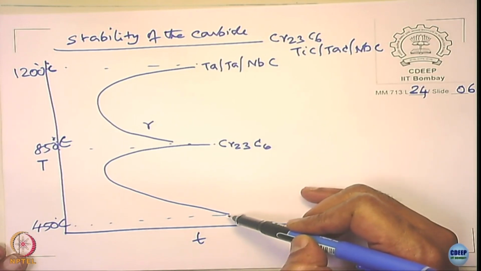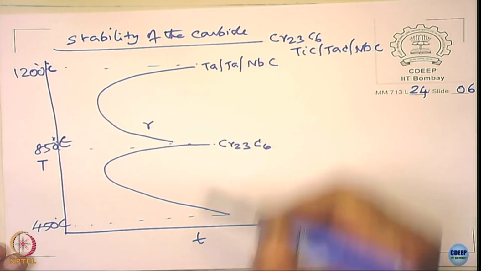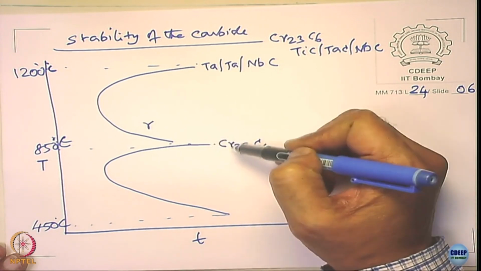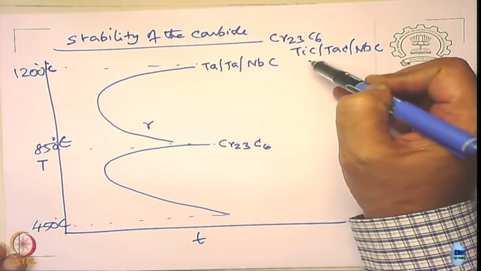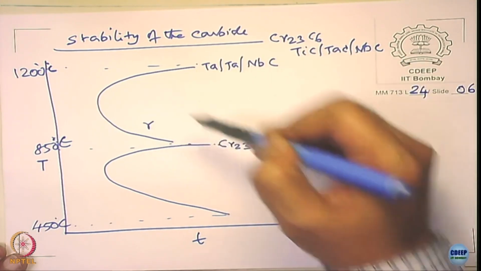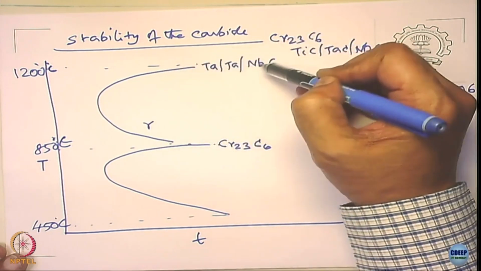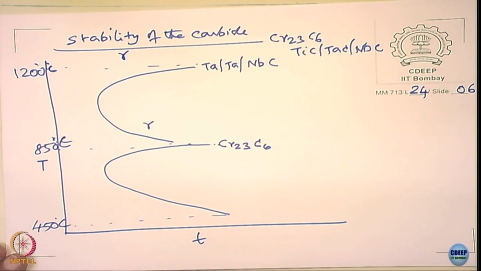The chromium carbides form between 450 and 850, right? Above 850, what happens to chromium carbide? Dissolves. Then what is happening to titanium carbide and all? Starts forming. This carbide dissolves and these carbides form, and above this temperature only gamma is there and no tantalum carbide, niobium carbide, all these stuffs are not there. Okay? Understood?